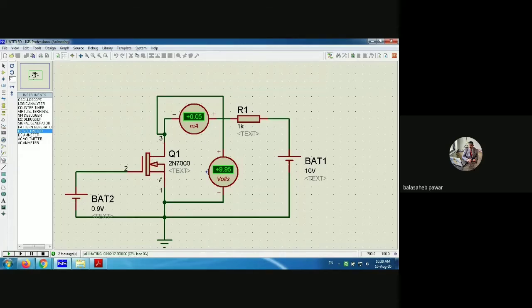That means we can say this transistor is offering very high resistance between drain and source. Up to 0.8, how much resistance was this transistor offering? Can anybody answer? Between drain and source, how much was the resistance offered by this transistor for 0 to 0.8 of input voltage?